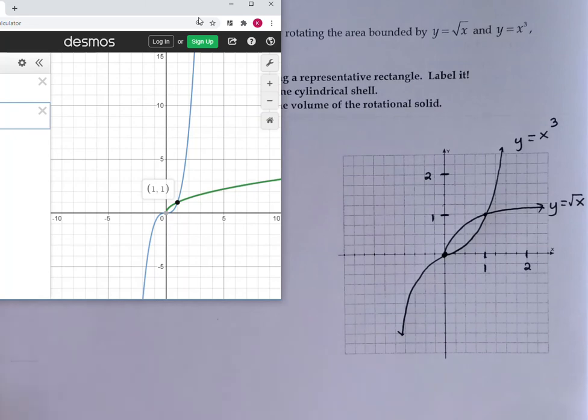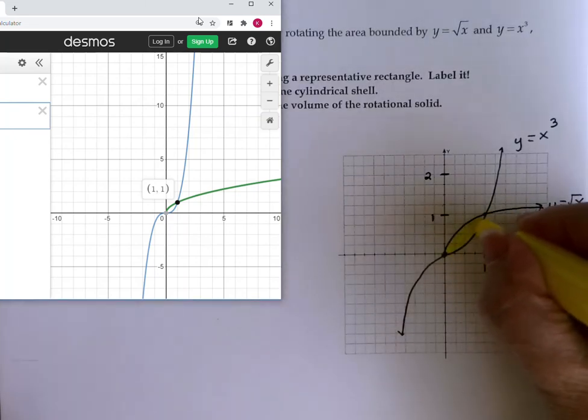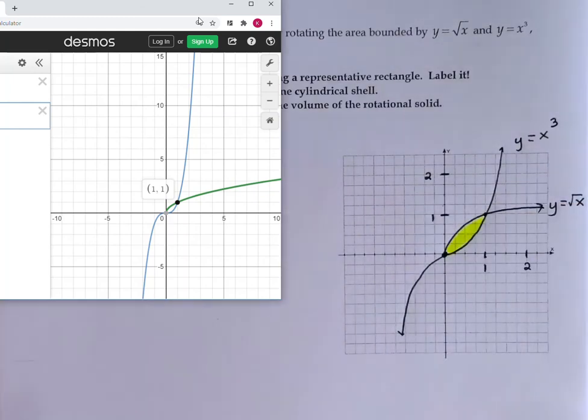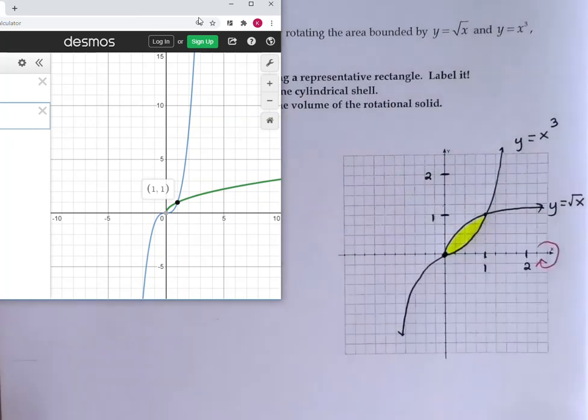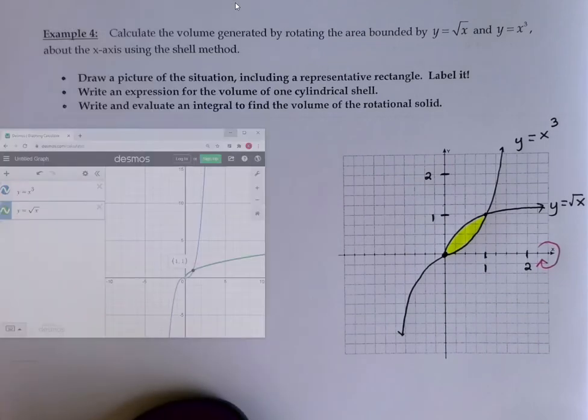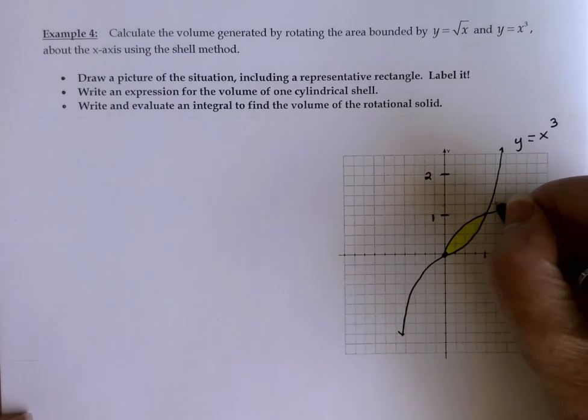And we want to rotate this little sliver in here around the x-axis, with that point (1, 1) being the intersection point.